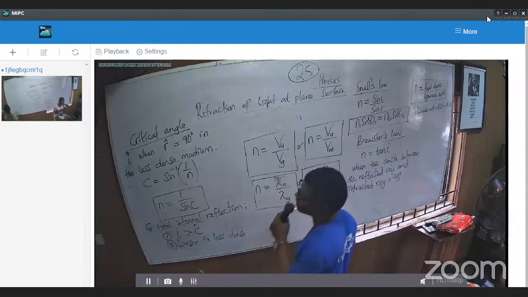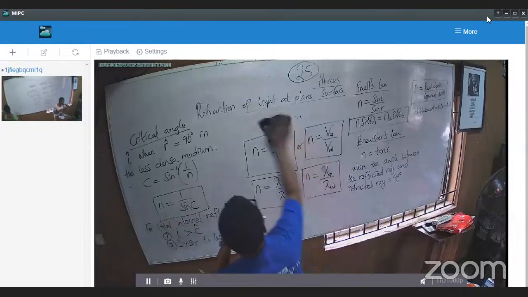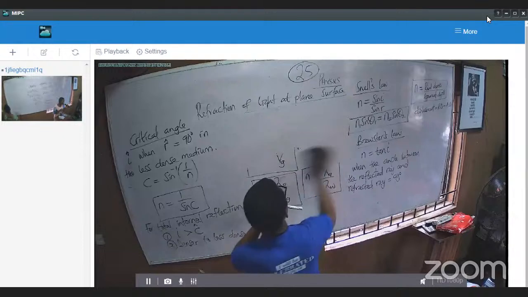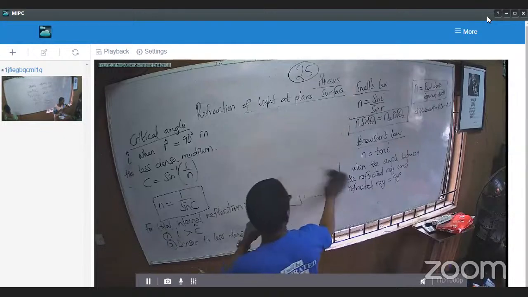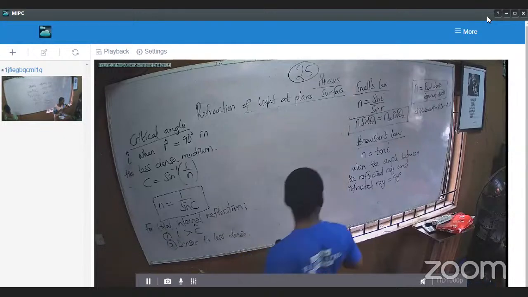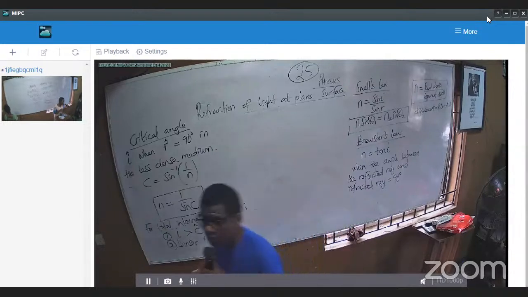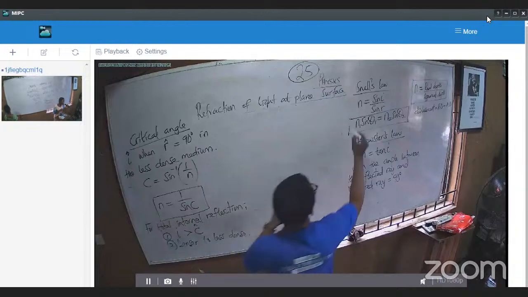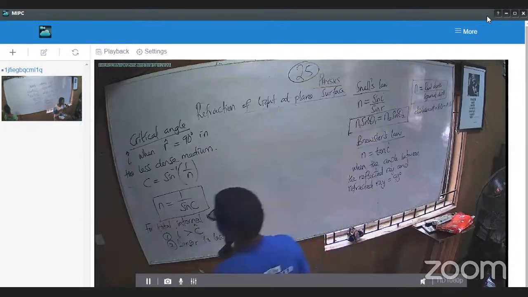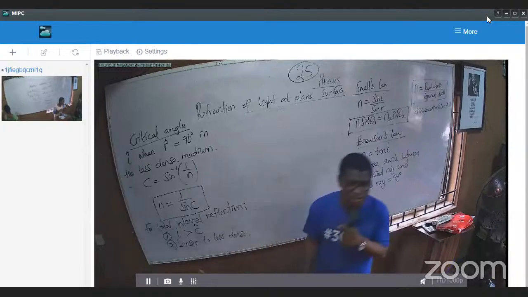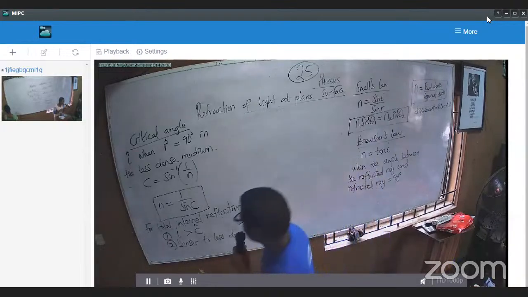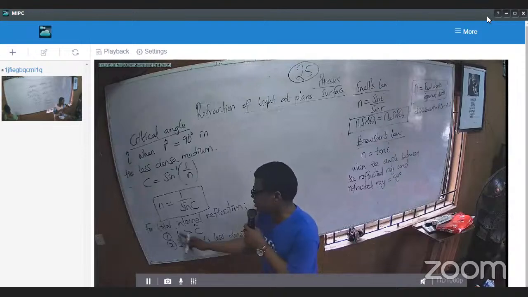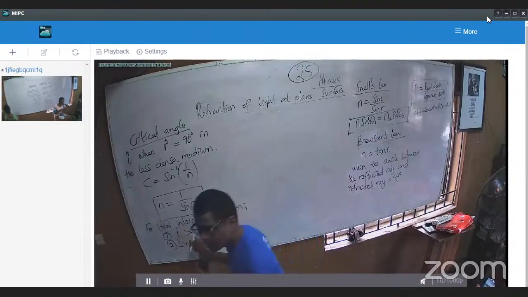The principle of total internal reflection is used in the explanation of mirage. So we have denser to less dense, then I greater than C: angle of incidence greater than the critical angle.